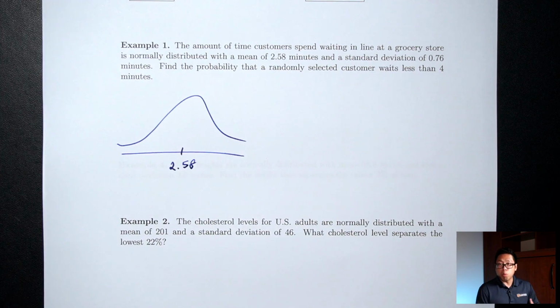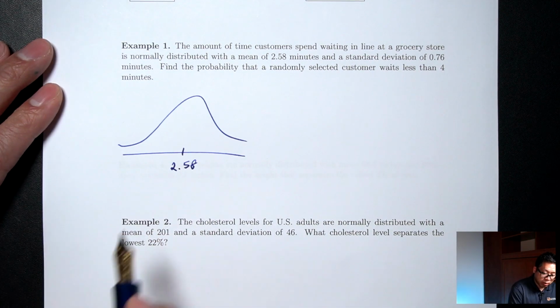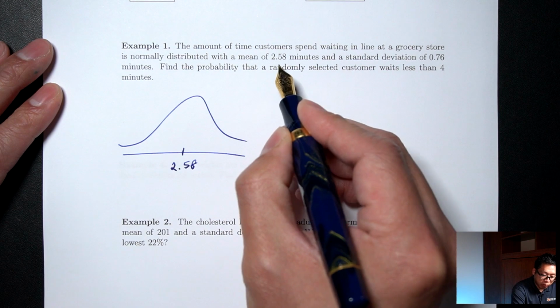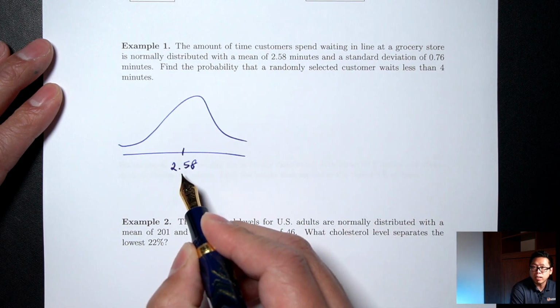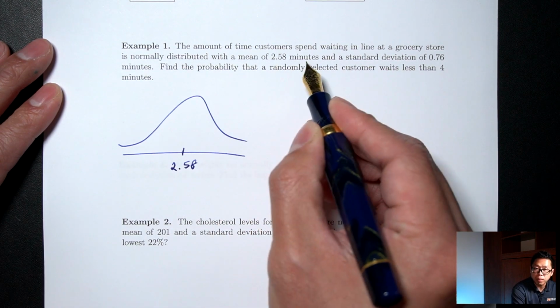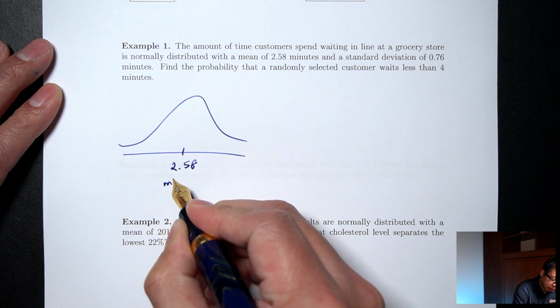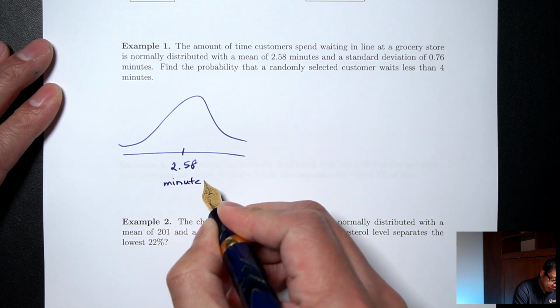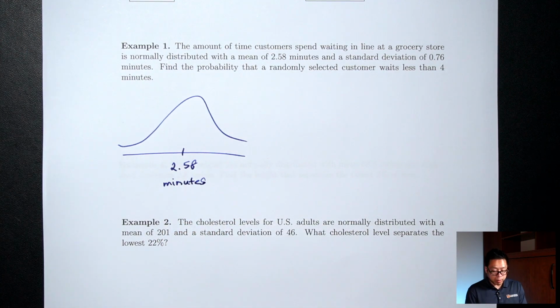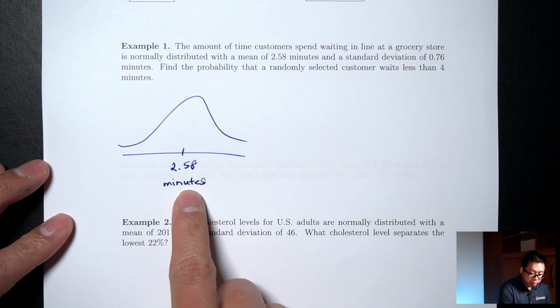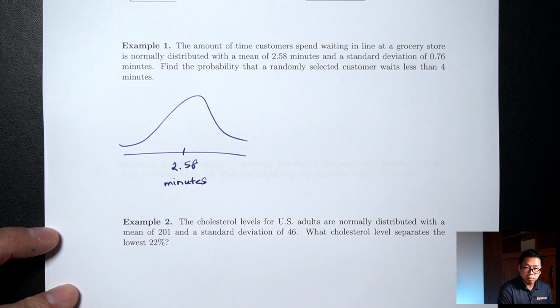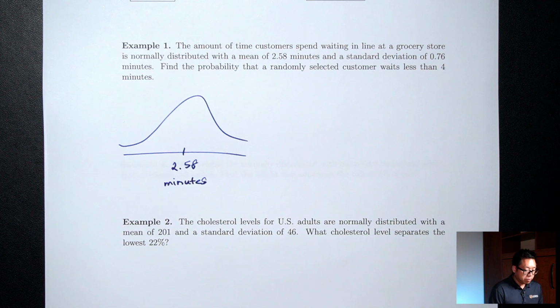I'm also going to label what this x-axis represents. So this x-axis, which has this 2.58, what is 2.58? 2.58 is the minutes. So this is going to help me because anytime I refer to minutes, that's going to be an x, because this is the x-axis.